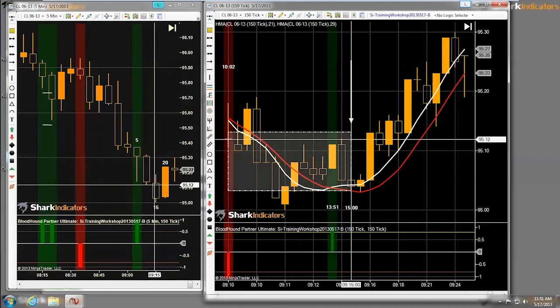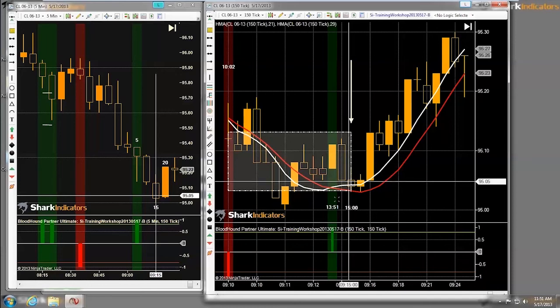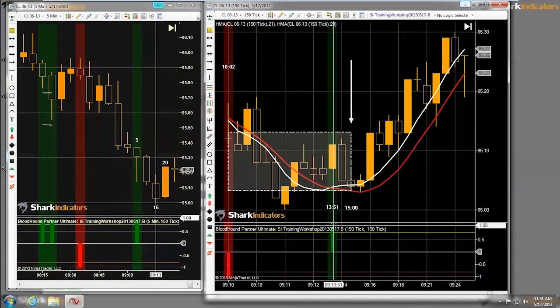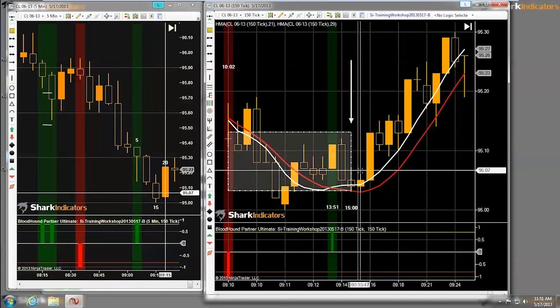So you could hold on to this long crossover signal until the 5-minute bar closed, and basically send this long signal over to the 5-minute bar, and then you would release that data.